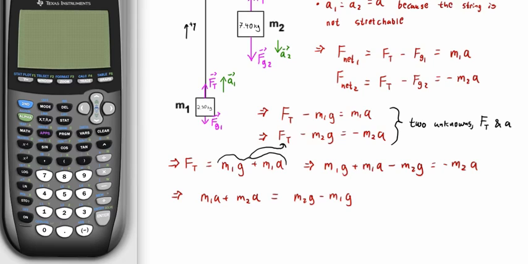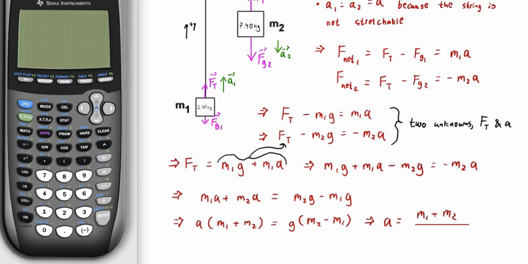I'll factor out an a from the left-hand side, giving M1 plus M2, and factor out a g on the right to get g times (M2 minus M1). For our final step, we get a equals, all divided by M1 plus M2.